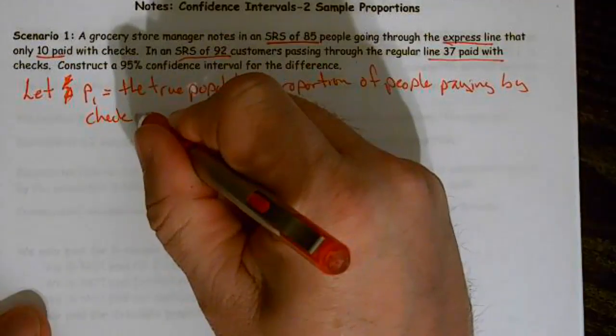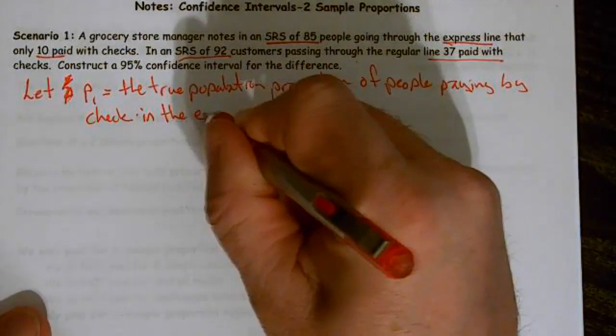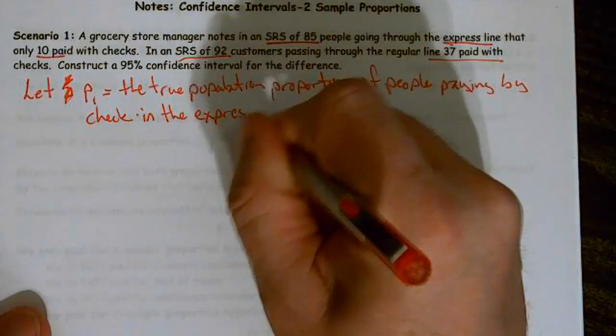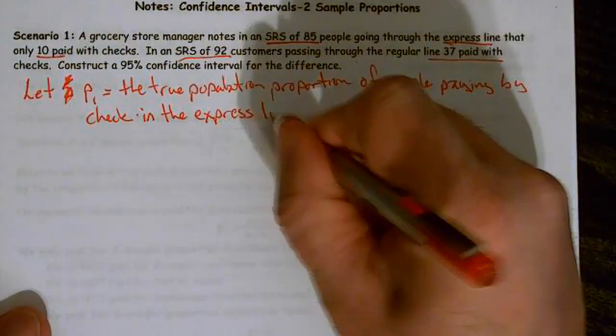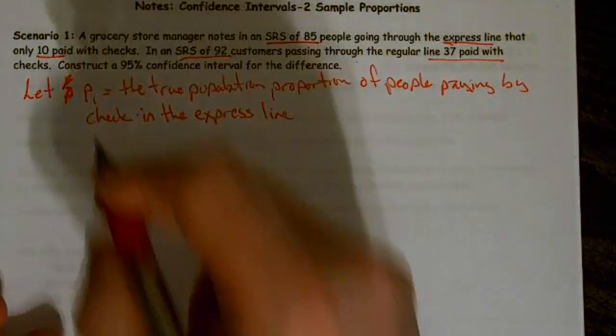And we always list the first one first. So order does matter. Go with the first one first. That way we are all the same. So let P1 equal the true population proportion of people paying by check in the express line.